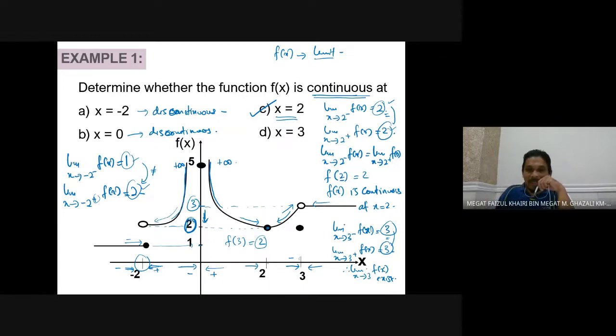So the limit exists, but when x is exactly equal to 3, y equals 2. So is this function f(x) continuous at x equal to 3? Dia selanjar ke tidak?